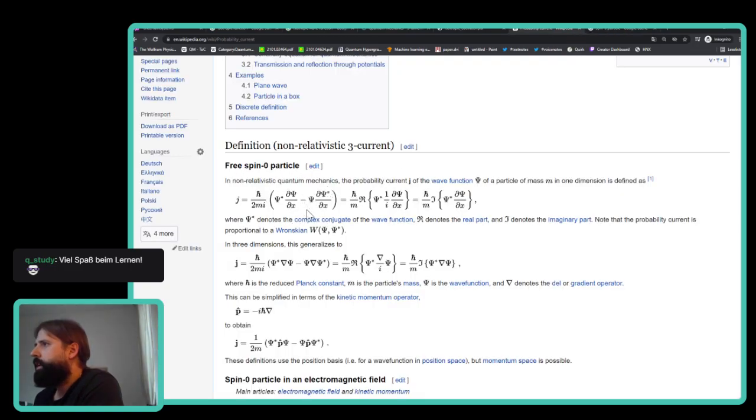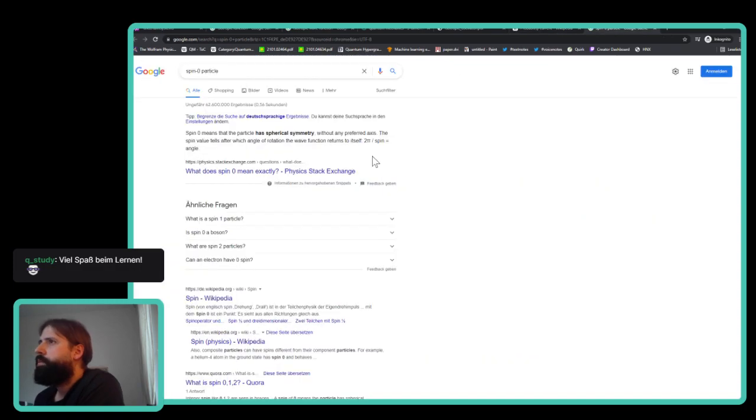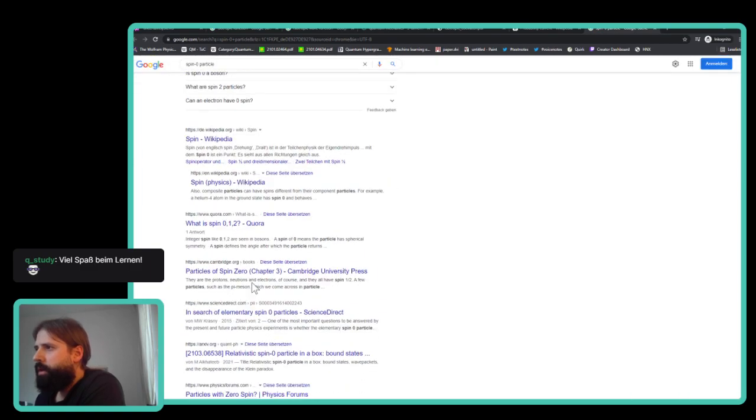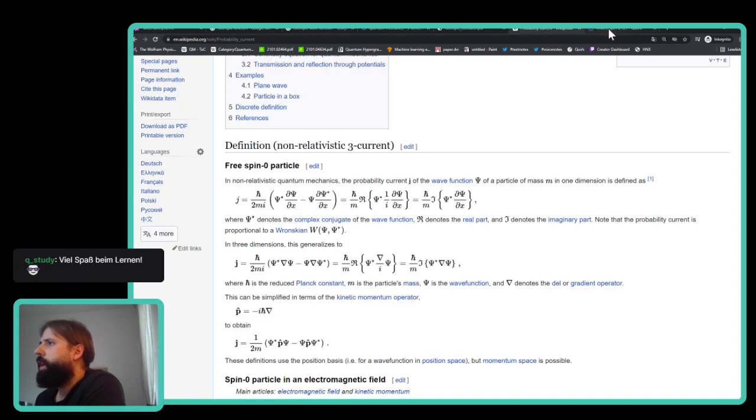I hate Quora, but these are different types of particles, and they have the probability current. It's interesting, because this has got to do with the energy stuff, or the momentum, whatever.